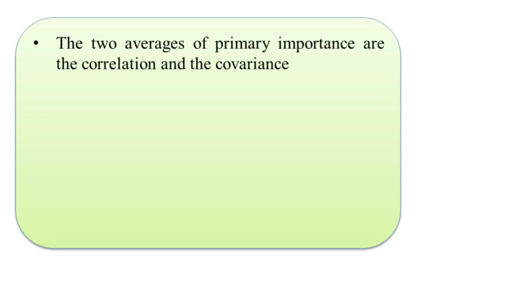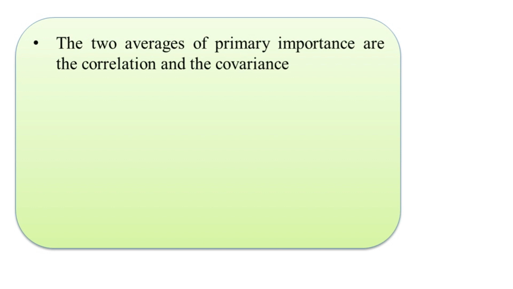Here, for a thorough understanding of probabilistic processes, we must have the joint moments. There are 2 averages which are very important, and primarily we take them: the correlation and the covariance.